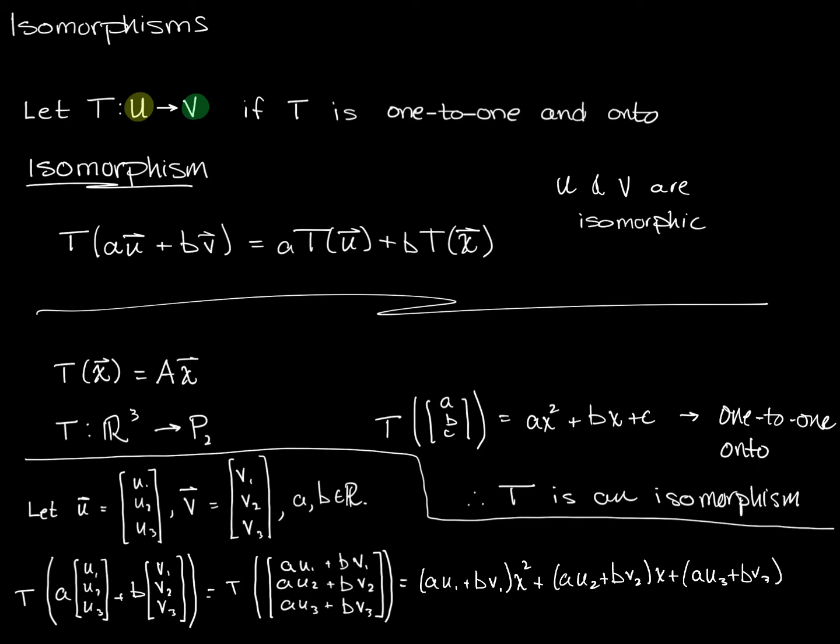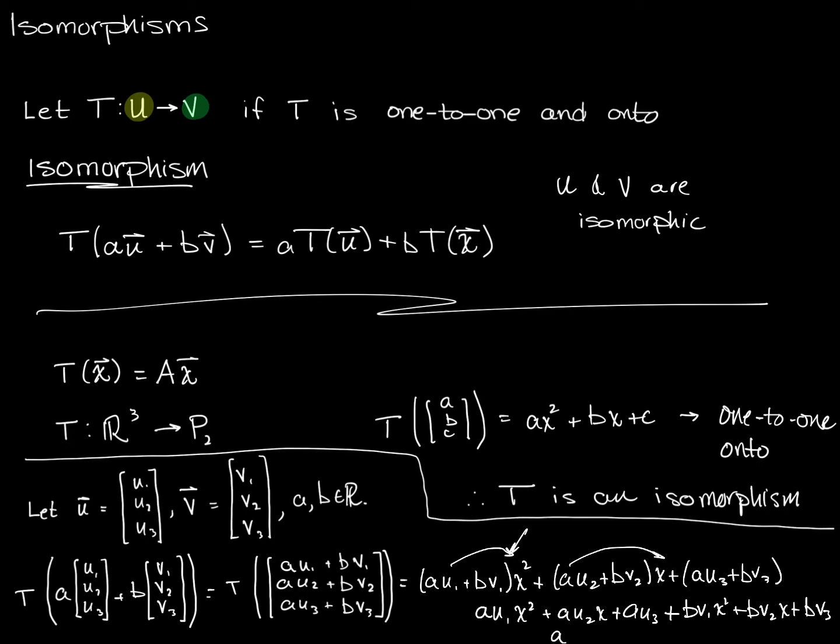And if I use the magic of algebra and distribute across here, I don't need to do that with my constant term, I'll end up with, I'm going to reorder these as I go because, again, running out of room, AU1x squared plus AU2x plus AU3 plus, going back to this term, BV1x squared plus BV2x plus BV3.